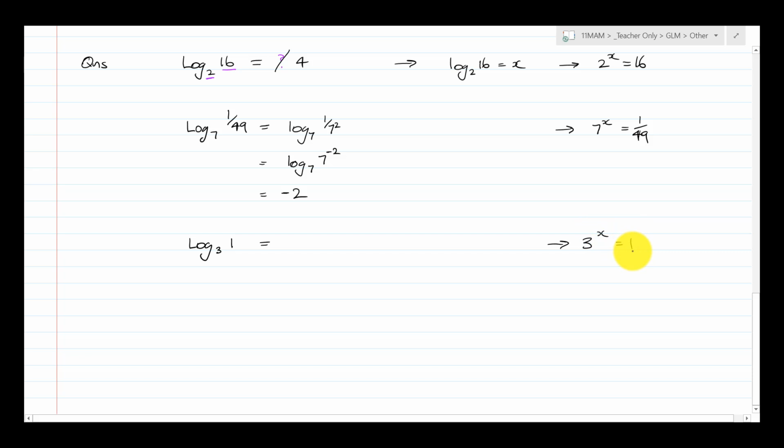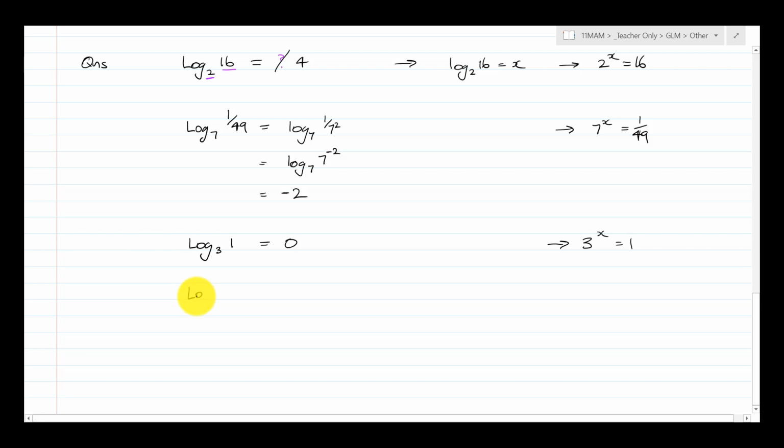And hopefully you recall that the only time you get to 1 is if that x is 0. So it has to be 3 to the power of 0 equals 1. And actually it turns out log base 7 of 1 equals 0. Log base 20 of 1 equals 0. Log base a of 1 equals 0. It doesn't really matter what a is. The only way to get to 1 where you have a power is if that power is 0. So there's a nice little rule there that you'll see more and more.